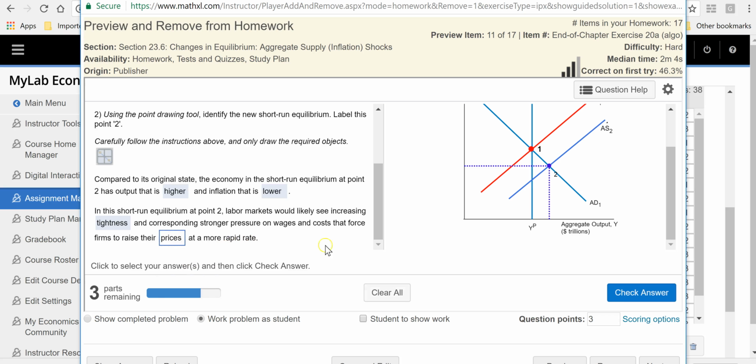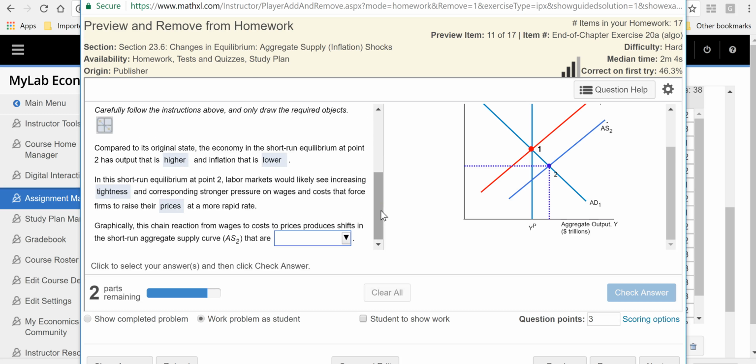So if the price is going up, inflation also will go up. So graphically, this chain reaction from wages to cost to prices produces shifts in the short-run aggregate supply curve, AS2, that are, so that means inflation will gradually move up, as we just said. So the AS curve will gradually shift up and to the left.